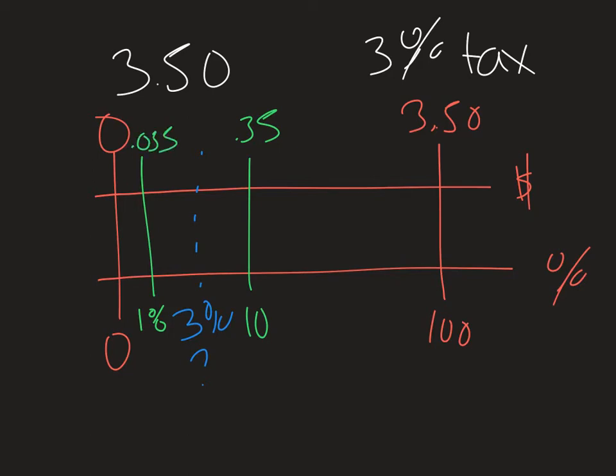Now I'm thinking, okay, I can multiply by 3 to figure out what this 3% is. If I do that, it turns out I get 0.105.